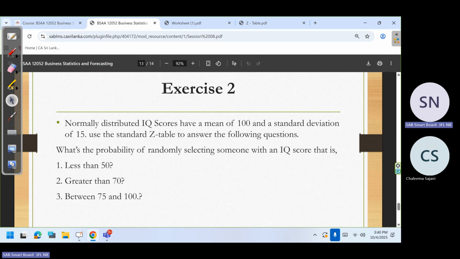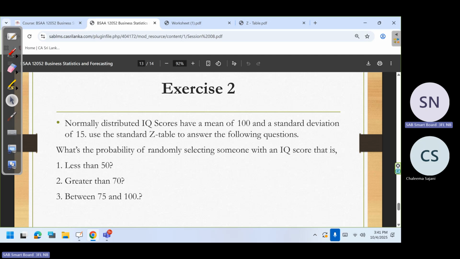A parameter describes a characteristic of the population. It means population mean, population variance, population standard deviation, those things.